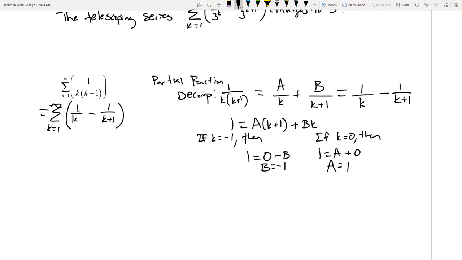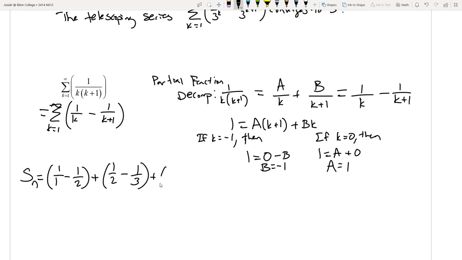And so we can see that it looks like two terms of the same series being subtracted, where the later term is being subtracted from the former term. That is a telescoping series. And so we can write out S sub n. We plug in k equals 1. Add, plug in k equals 2.